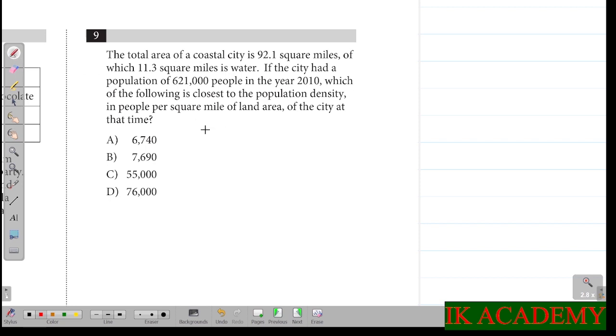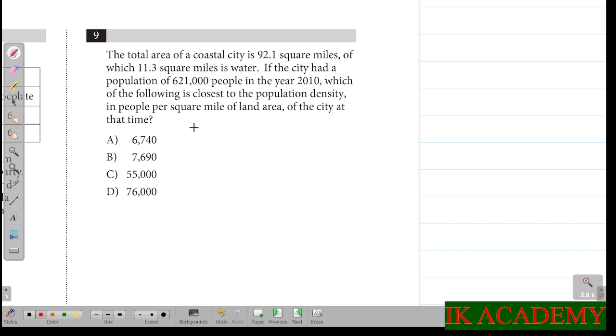So in the question we are given the total area, which is 92.1 square miles, and 11.3 square miles is water. So it's under the water.